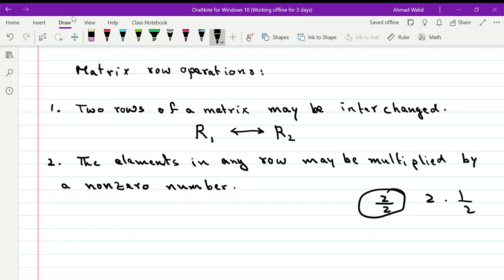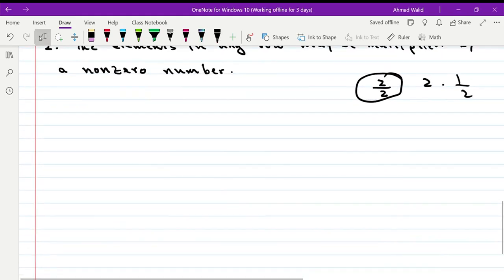Rule number 3. You see, today the lecture maybe is a little bit long, or maybe I'll divide the lecture into a few parts.